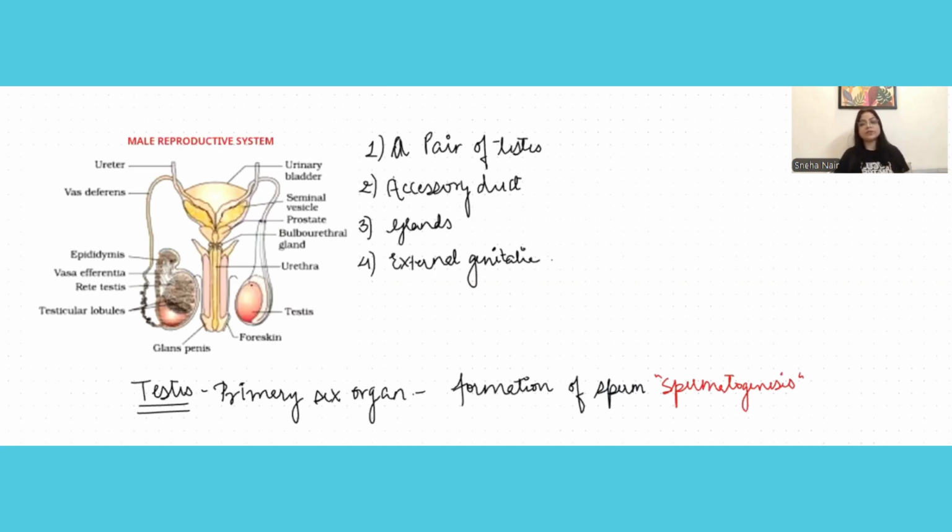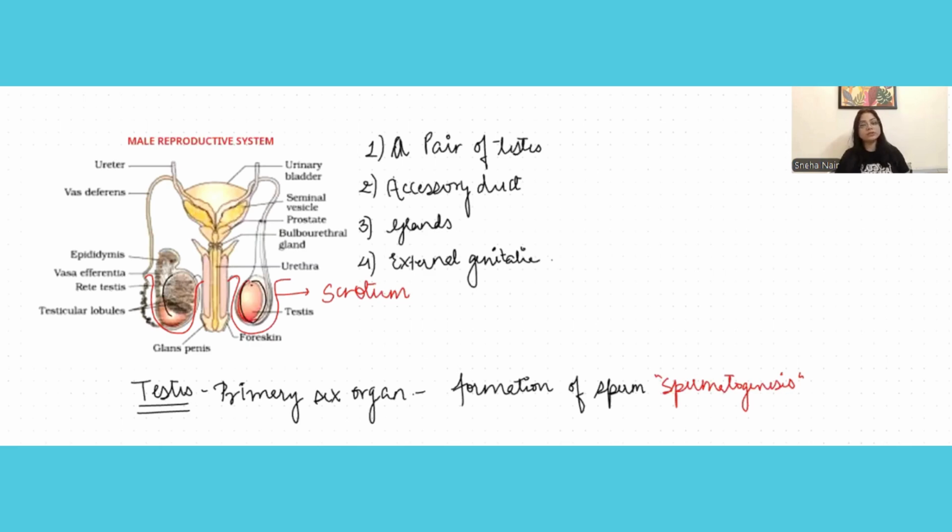So if suppose this is the pelvis region and this is the lower abdominal cavity, there is this pouch-like structure called scrotum. And in this pouch-like structure, we have one pair of testes.